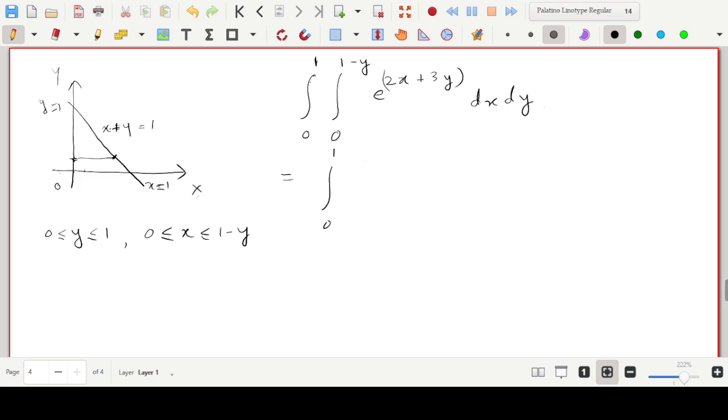Now with respect to x, y is constant, so e to the power 3y, e to the power 2x over 2, from 0 to 1 minus y, dy.